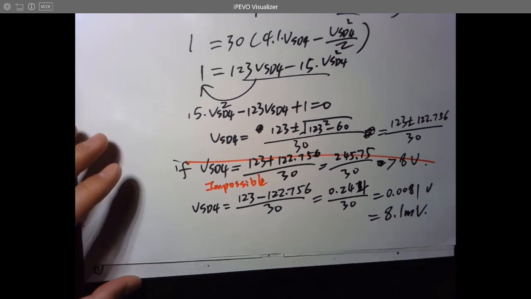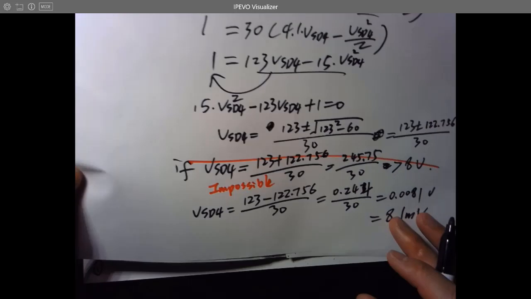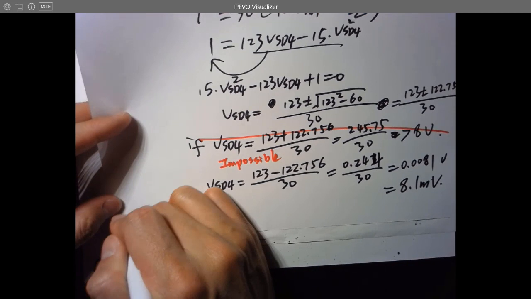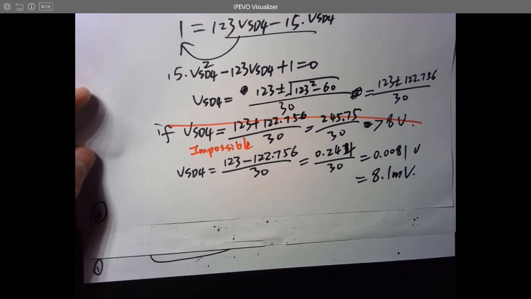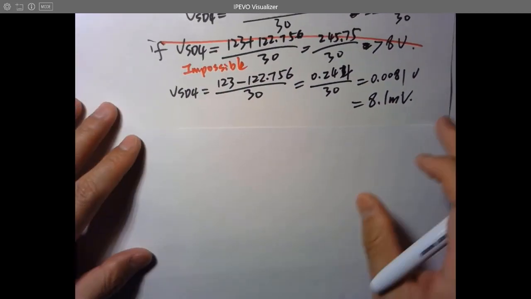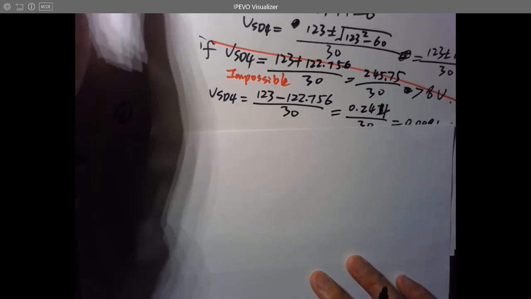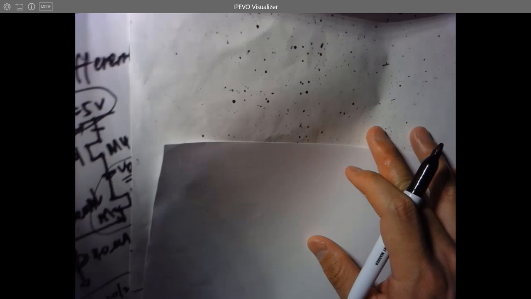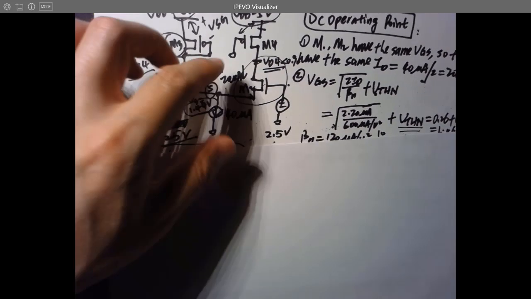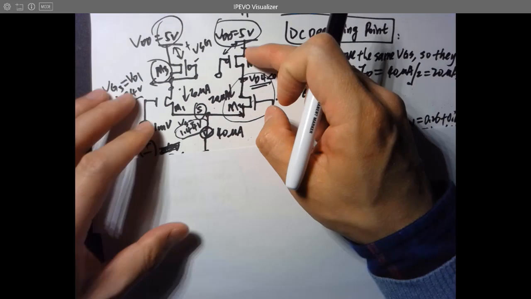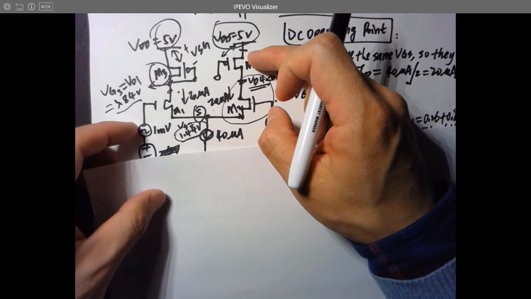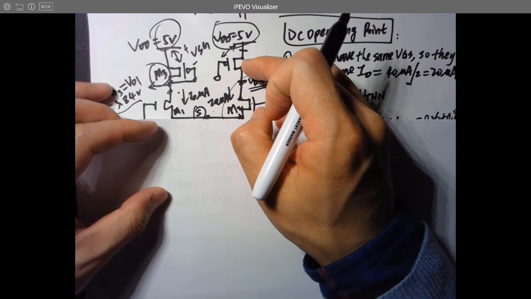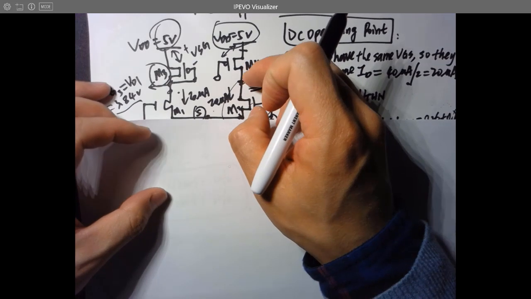Okay, so this is the final VSD4, and now let's verify if this is right. Since VSD4 is 8.1 millivolts, the voltage drop across these two terminals is 8.1 millivolts, tiny. When this transistor is operated in the triode region, VSD is tiny.